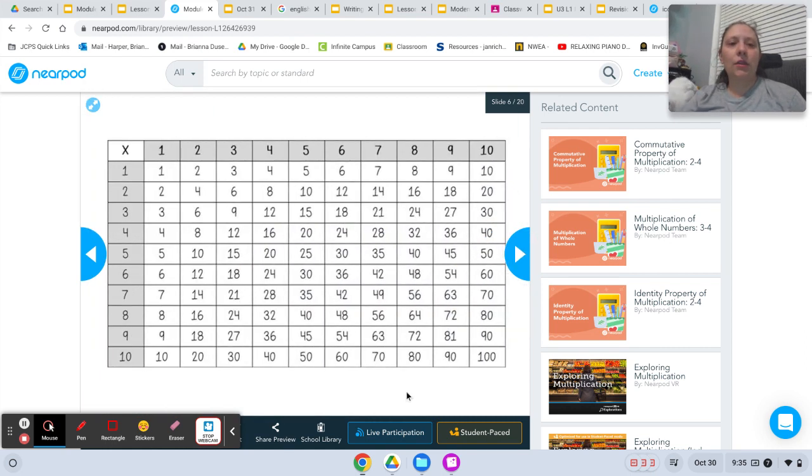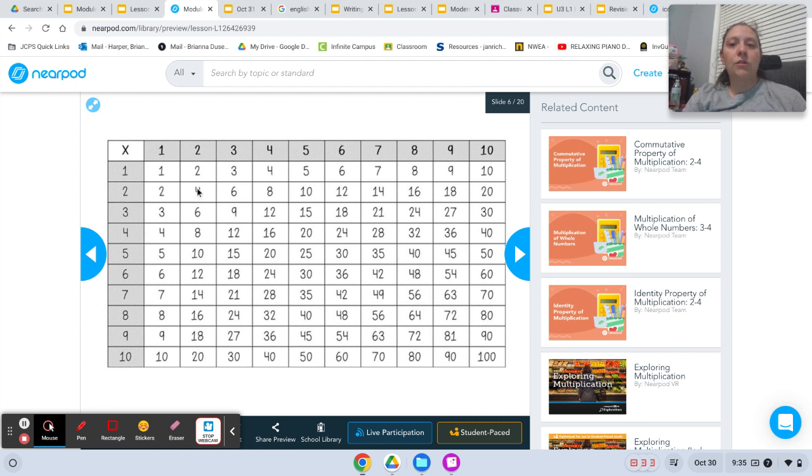All right, so this is our fun multiplication chart. It's going to help us multiply. We have our factors on the top in columns and in rows. So if we're trying to find 2 times 2, we're going to go 2 down until we get to 2.